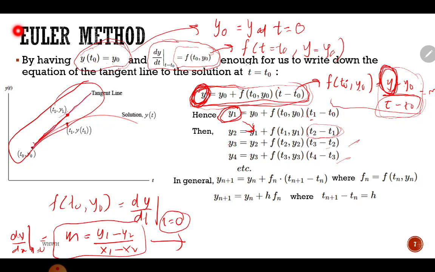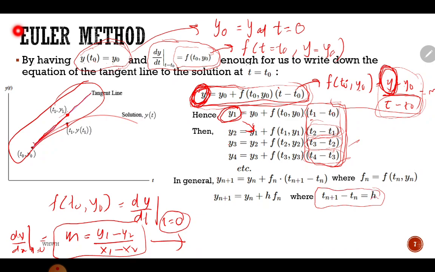For your information, t1 minus t0, t2 minus t1, t3 minus t2, t4 minus t3 are the same value. It's a constant value that we can denote as h.